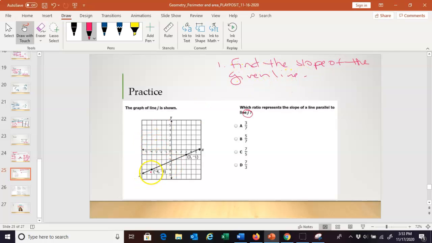So line J, the slope we can do rise over run. 1, 2, 3, up 3, over 1, 2, 3, 4, 5, 6, 7. So the slope of the given line is 3 over 7. So now a parallel line to that, remember parallel lines have the same slope. So you just find the one that's the same. There it is, 3 over 7.